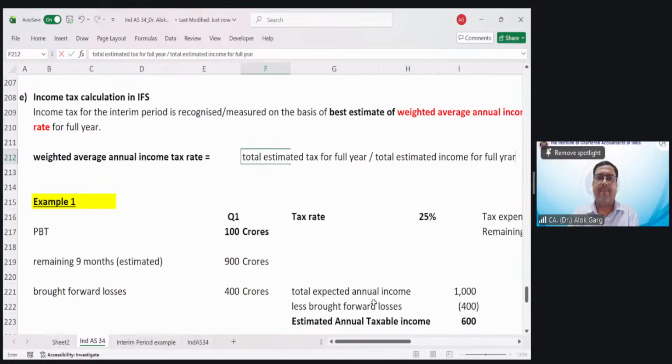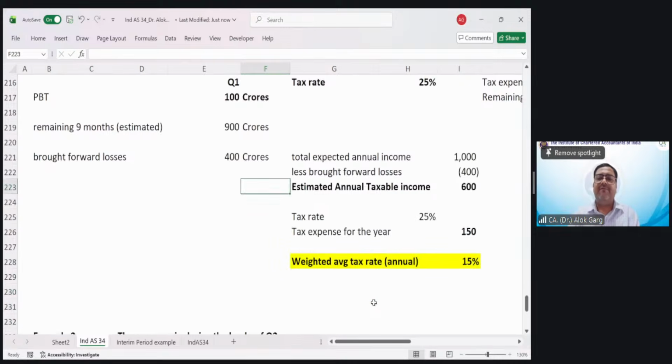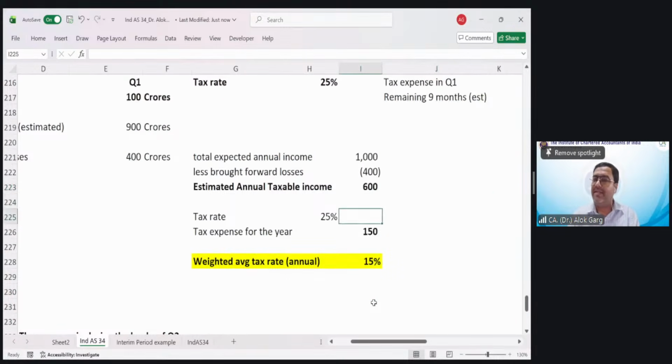Okay, this is the formula of my weighted average tax. Now, my dear friends, if my weighted average tax is 15%, right?